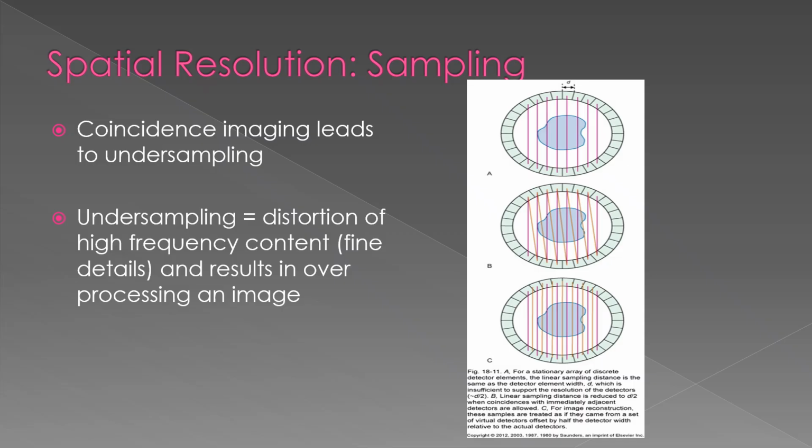And so really what that's telling you is if you just sample exactly 180 degrees from each other, you're going to be missing some things. And so what it actually does is it even considers things where it hits the detector next to it and it's not quite exactly a straight line. And then when it gets reconstructed, it basically corrects for that and tries to figure out where those photons came from that way.